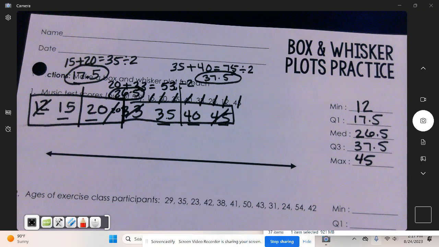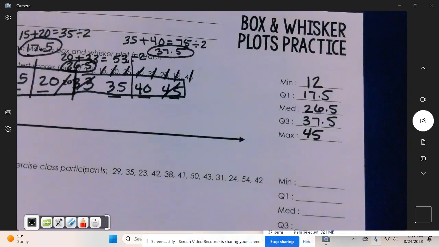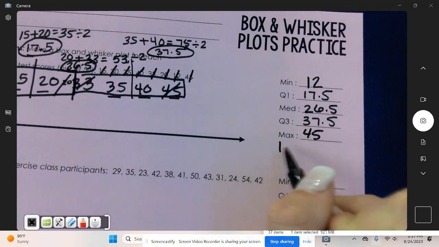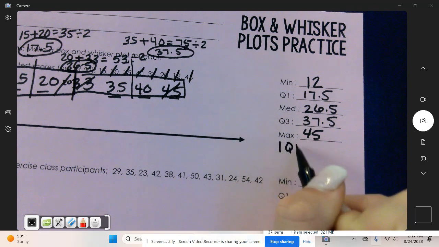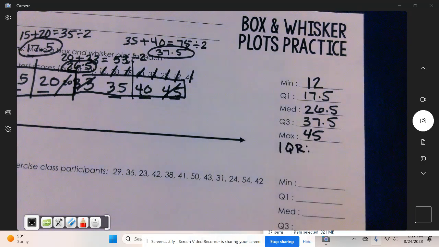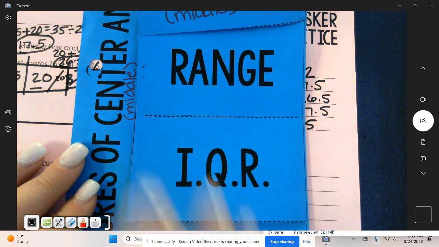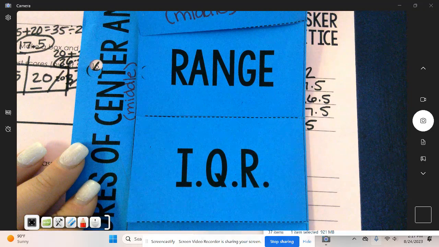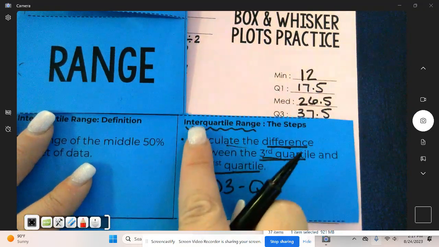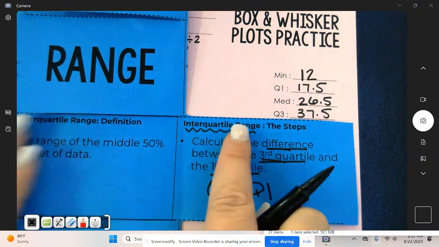Okay. Now we use this information to find what we call the IQR. In your blue foldable, which you don't have to get out, I've got it right here. It's the last word in our blue foldable that we haven't talked about. The IQR stands for interquartile range.